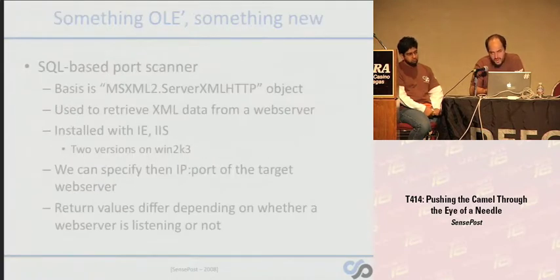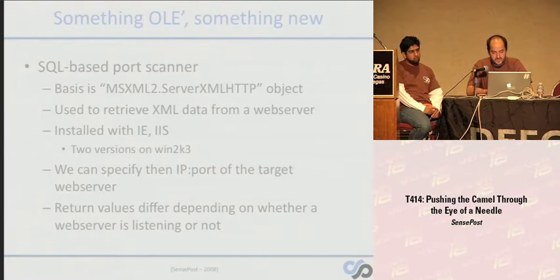So what we got to was a SQL-based port scanner. And this runs entirely in T-SQL. It doesn't require the upload of any binaries or any of that. Once we kick it off, all of that stays in the same memory space as the SQL server. So its basis is the MSXML2 ServerXMLHTTP object, which is a bit of a mouthful. But it's the same object that's used to pull in XML data.